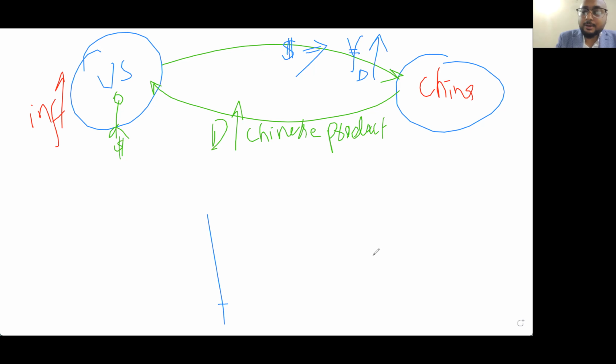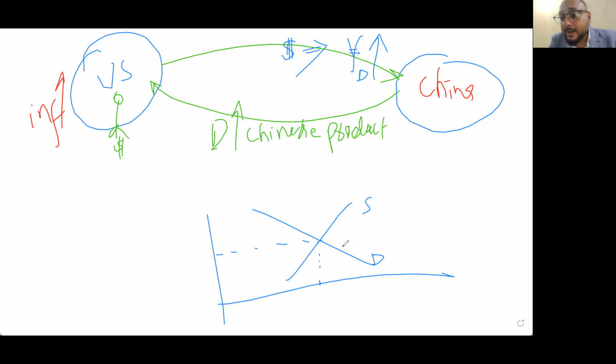So what will happen here? We have equilibrium here. Supply, this is demand. Now what happens here? When demand increased, the exchange rate of yuan was here.